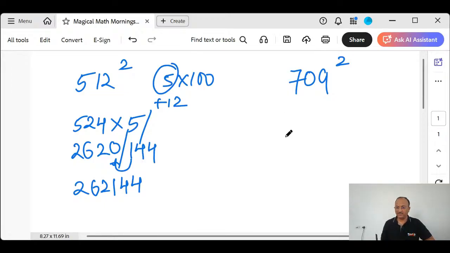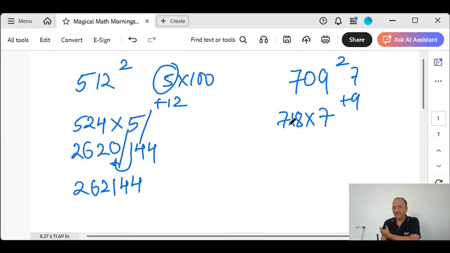Very good. And this is perfect also. Correct? No? Deviation is plus 9, sub base is 7. 709 plus 9 is 718. This you are going to multiply by 7. Only multiply by 7. Let's do in the normal way also.